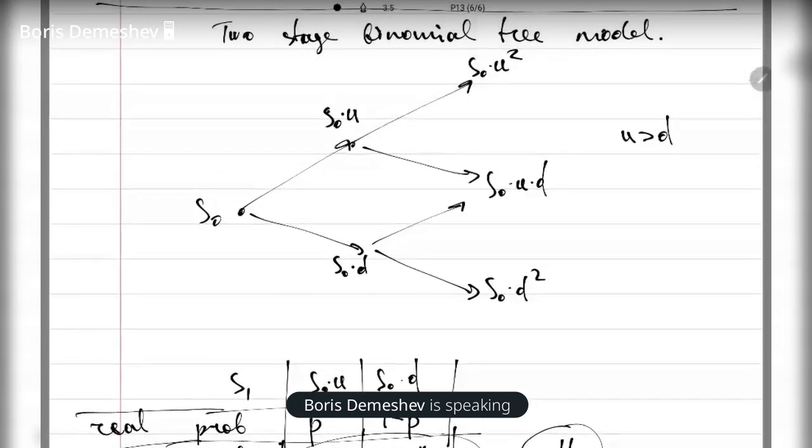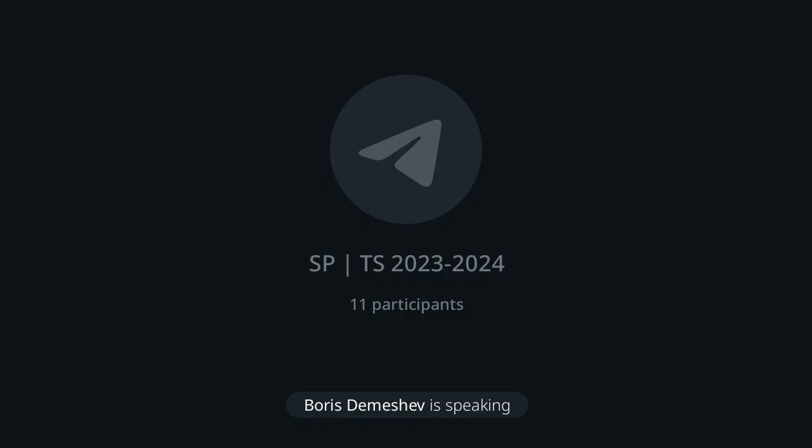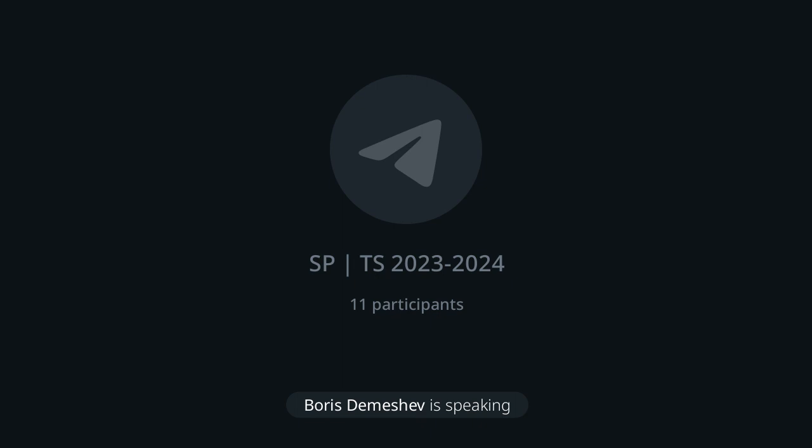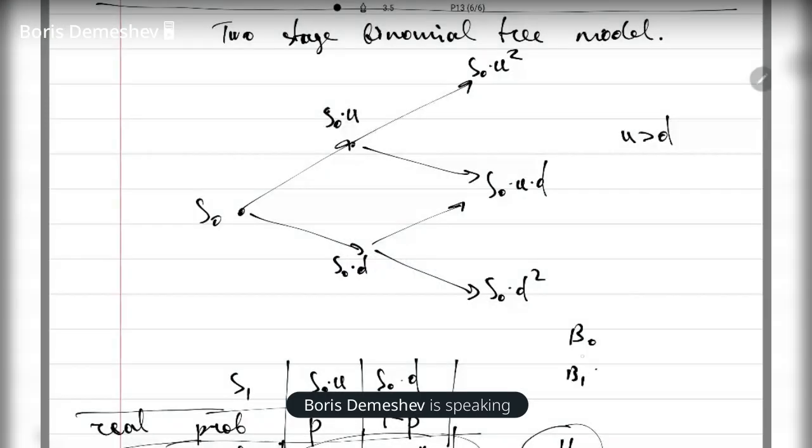Okay, we have a riskless rate. In discrete time, it's common to say that we have not continuous discounting, but discrete time discounting. So if the bond price evolves in the following manner, you have B0, the price of the bond at time 0, and B1 is just B0 times 1 plus R, and B2 is just B0 times 1 plus R squared.